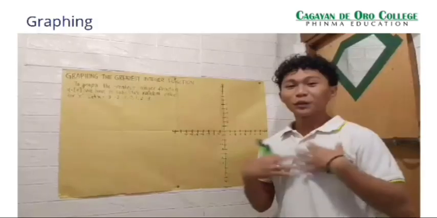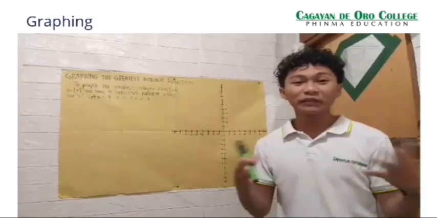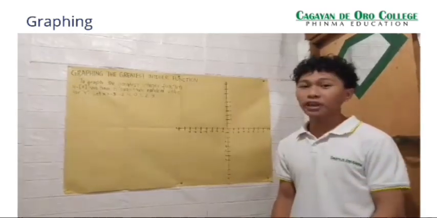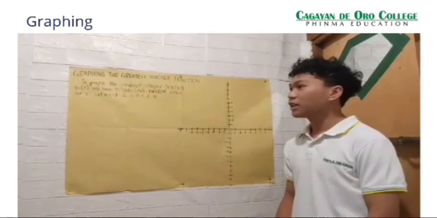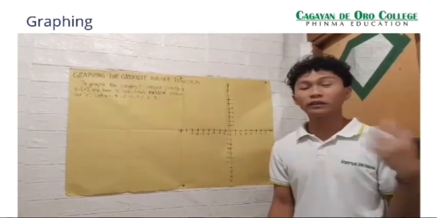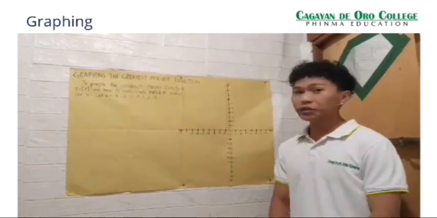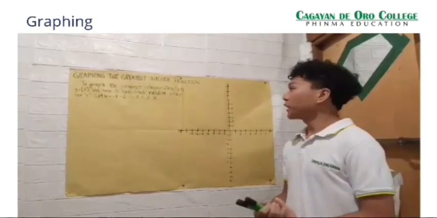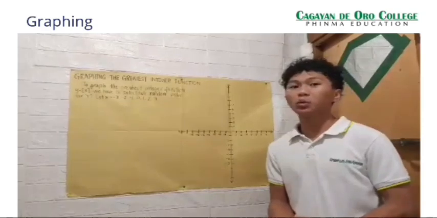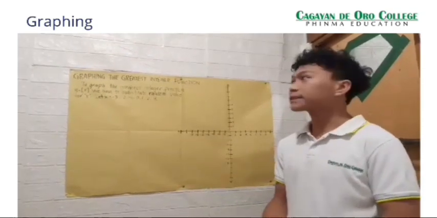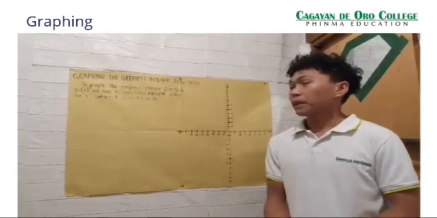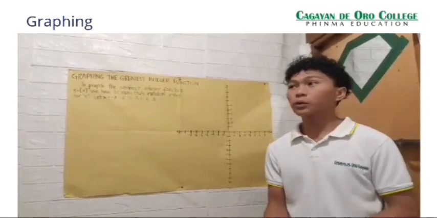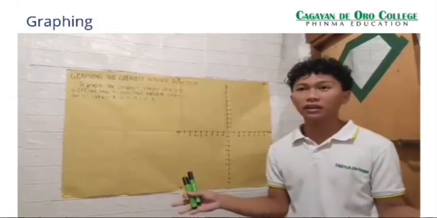Once again, good day to everyone. So today we'll be doing how to graph the greatest integer function. So first, let's recall the definition. According to the definition, the greatest integer function is denoted by y = ⌊x⌋, where if the value of x is an integer, then we will not be changing anything.